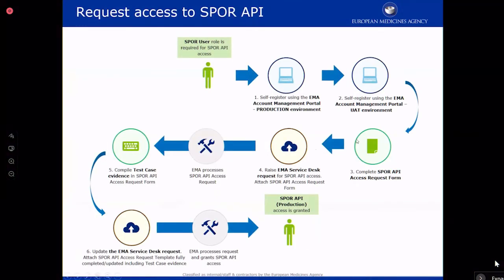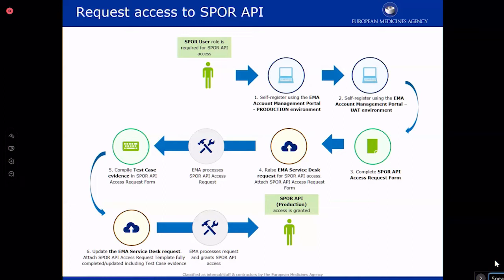I hope you now see how to request access to the SPOR API. This is the diagram which presents the process from the moment you self-register to the point where access is granted. You need to use the EMA account management portal to register in production and also to register in the UAT environment. You will need to complete a SPOR API access request form, providing the details.